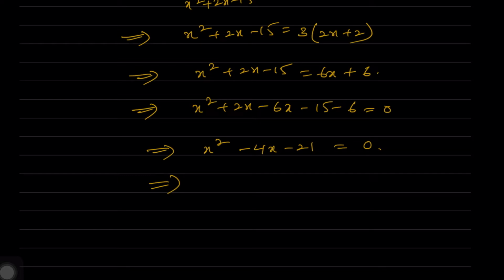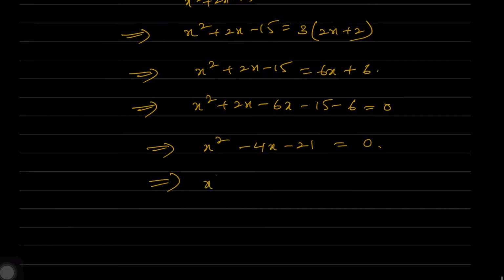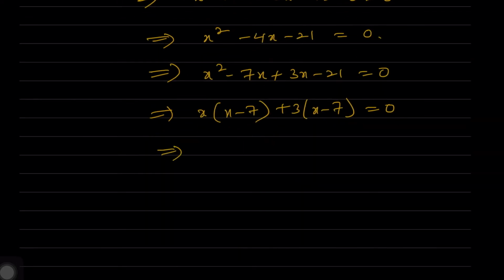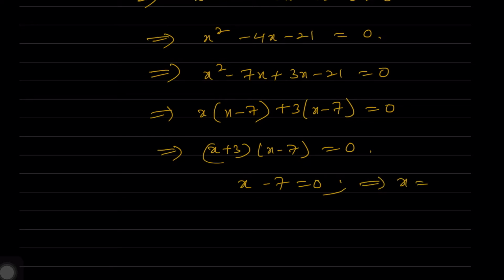So 21 factors are 7 and 3, so I can write it as minus 7 plus 3. So x square minus 7x plus 3x minus 21 is equal to 0, which implies that x into x minus 7 plus 3 into x minus 7 is equal to 0, which implies x plus 3 into x minus 7 is equal to 0. So x minus 7 is equal to 0, which implies x is equal to 7.